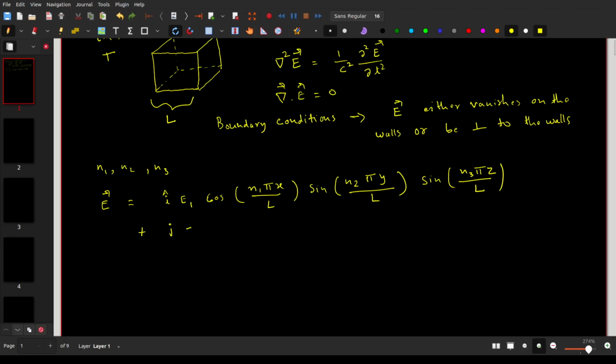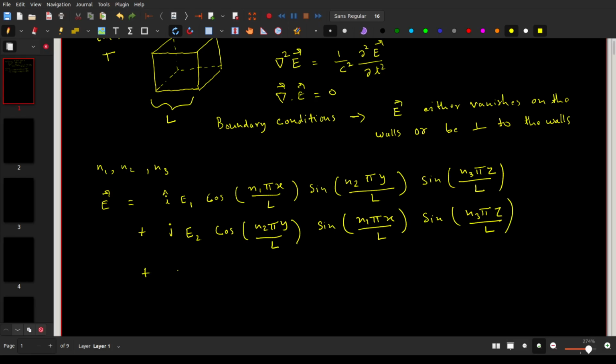In the j direction, E2 cos of n2 pi y over L, sine of n1 pi x over L, and sine of n3 pi z over L.